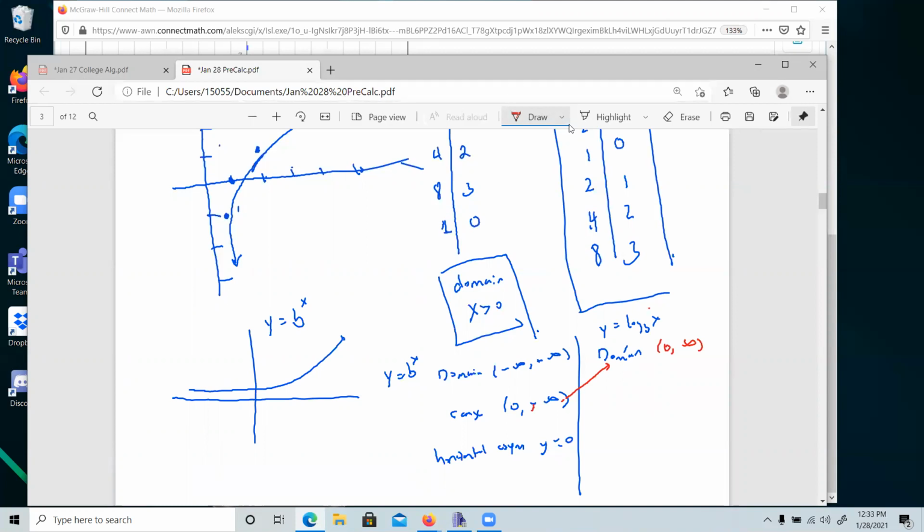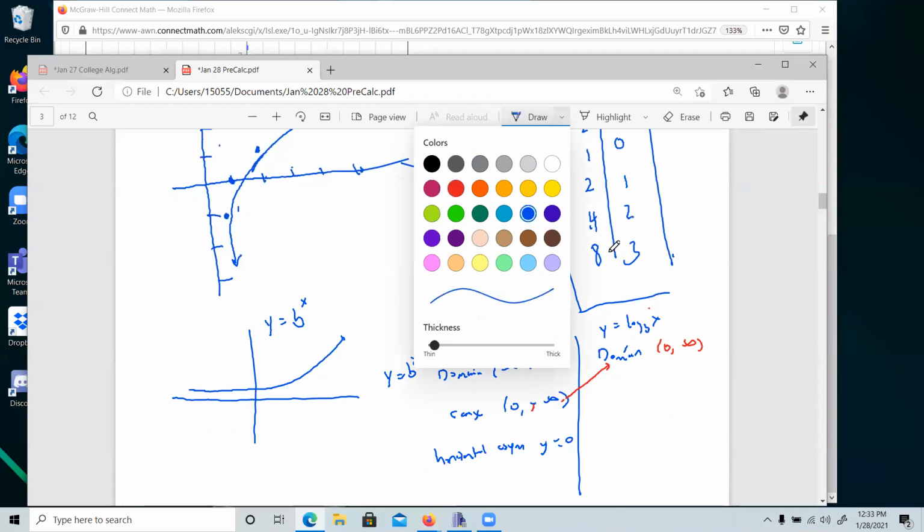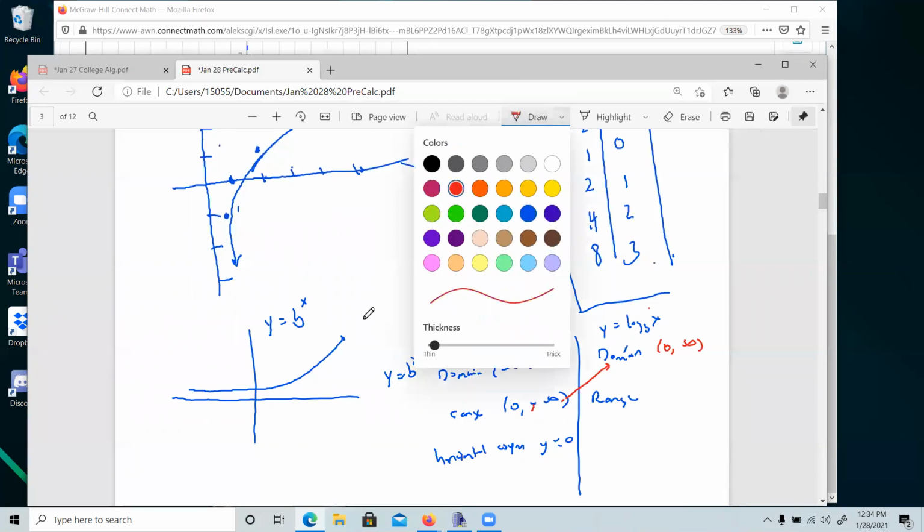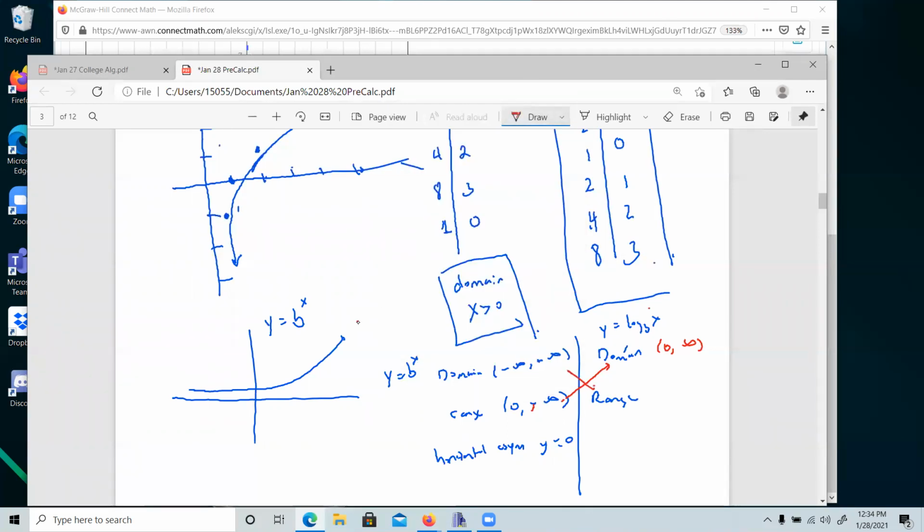Okay, my range, right? The range is this guy over here. So the range is negative infinity to positive infinity. And instead of having a horizontal asymptote at y equals 0, we have a vertical asymptote at x equals 0.